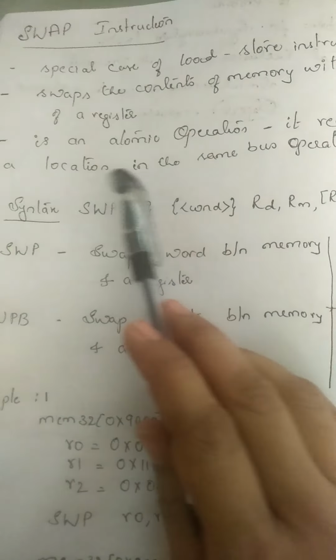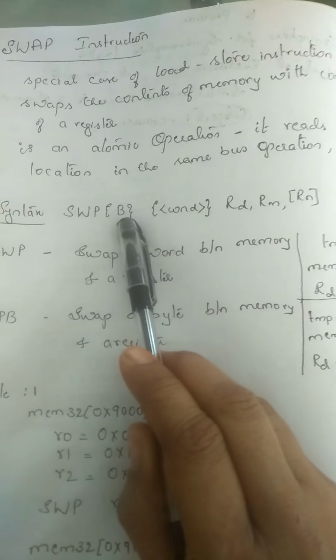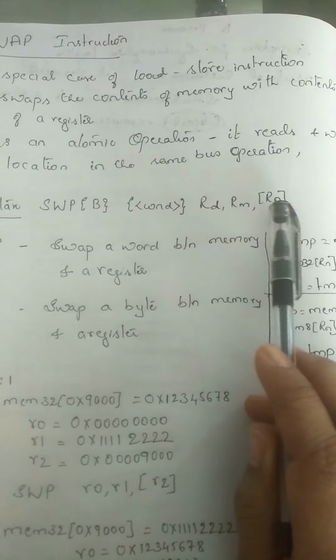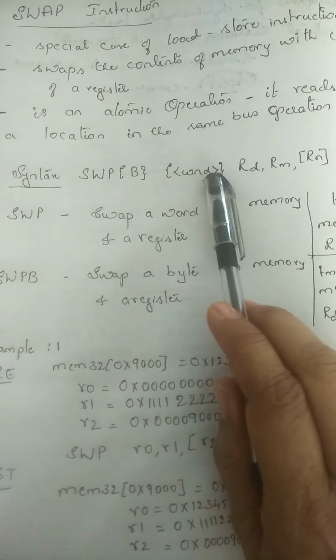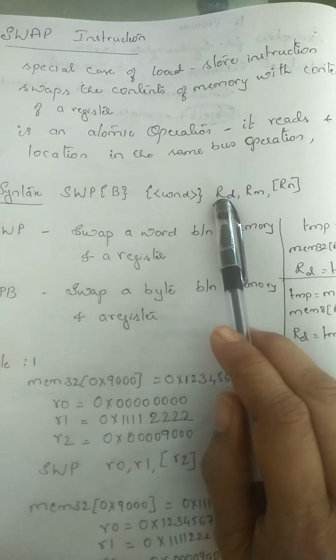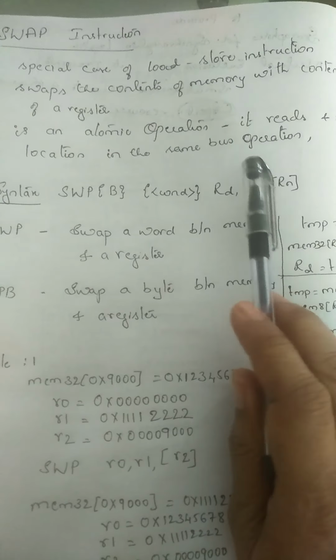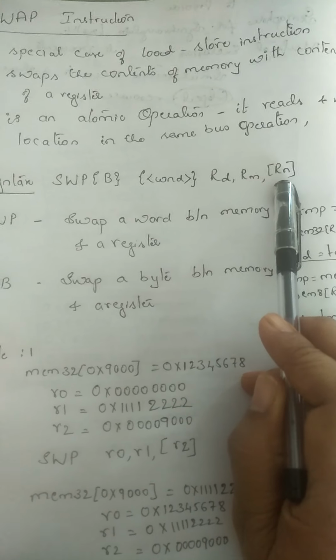And here you can see the syntax SWP. This is the syntax for the swap instruction: B condition, RD destination register, RM and RN. Whatever is written in the curly brackets is optional, RD is the destination register, then the middle register, RM, and RN. The register written in the square brackets indicates that this register contains the address location.